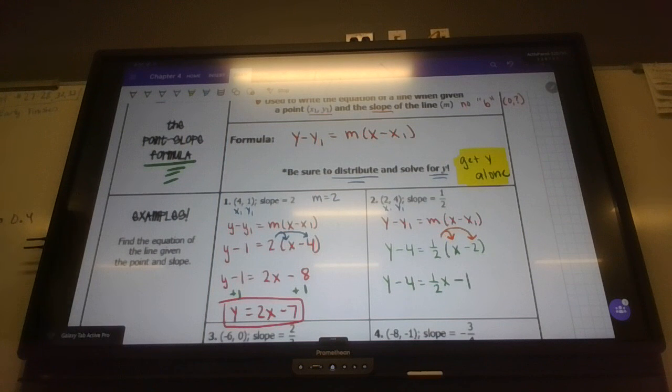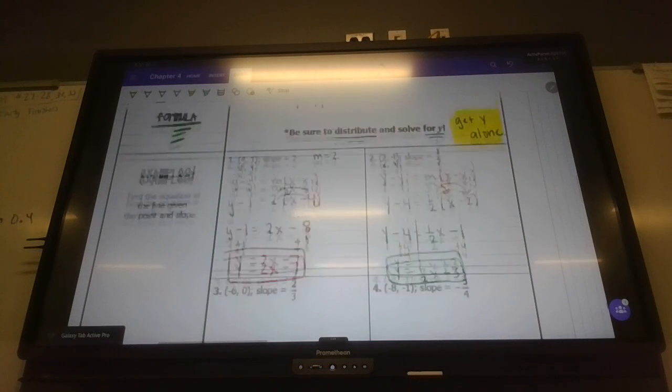That's correct, Trinity. Good job. Let's finish it. And then we add 4. It's 1/2 x plus 3, because -1 plus 4 is 3.